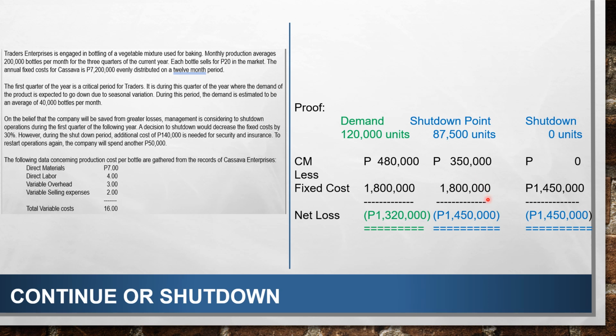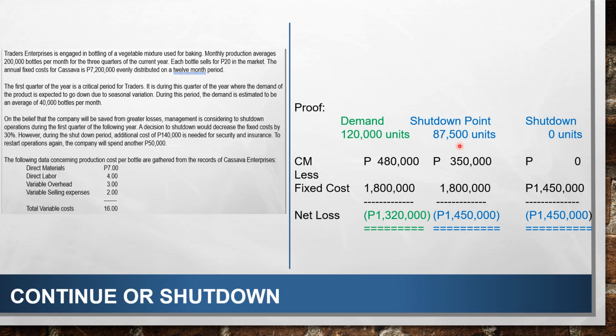We deduct the fixed cost if we operate, and that's 1.8 million, right? So if we operate, we will still incur 1.8 million. Okay, so we will have a net loss of 1,450,000. So this is what is meant by the shutdown point.